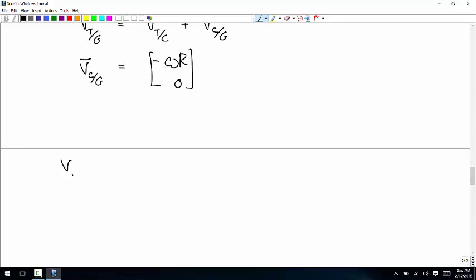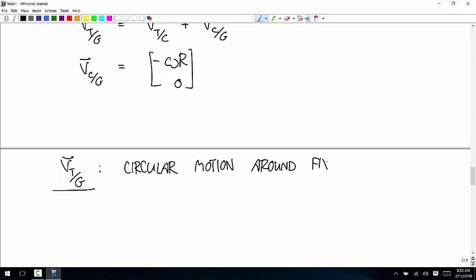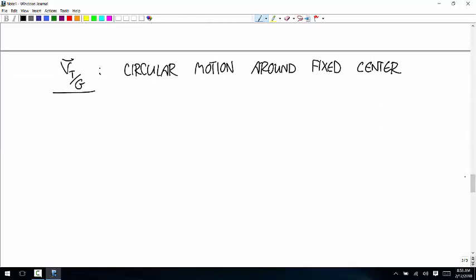And now the velocity of the top relative to the center, that's circular motion around a fixed center. So the center's fixed. The angular velocity is this way, so the velocity is this way.